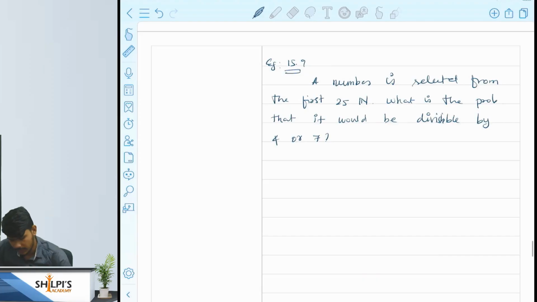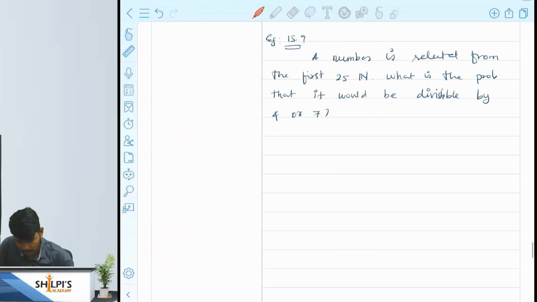For this question, if you want to find the probability, first we should know what the sample space for the question is. Our sample space is: I am going to select a number from the first 25 natural numbers. So the first 25 natural numbers are 1, 2, 3, 4, 5, etc., up to 25, right?